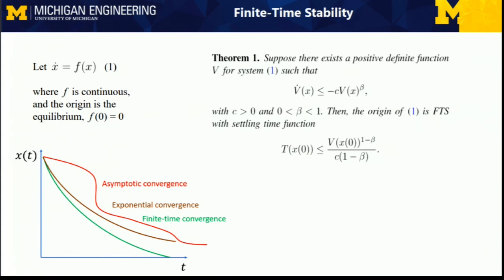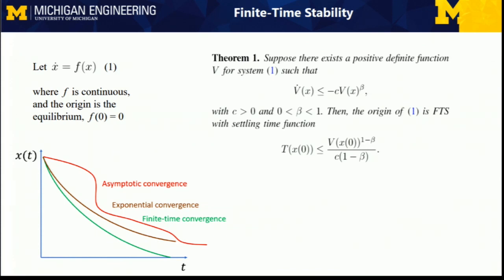That comes, of course, with the peculiarity that people have proved that a necessary condition for having finite time convergence is that your system dynamics is non-Lipschitz at the origin, okay? So you lose here the standard formulations where you start with systems that are locally Lipschitz and so on.